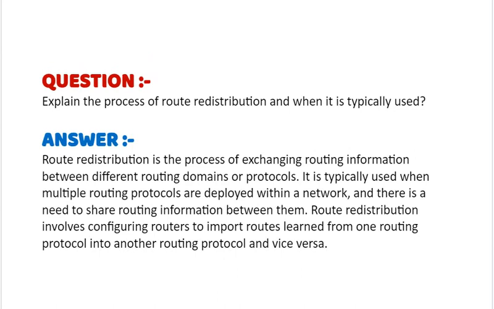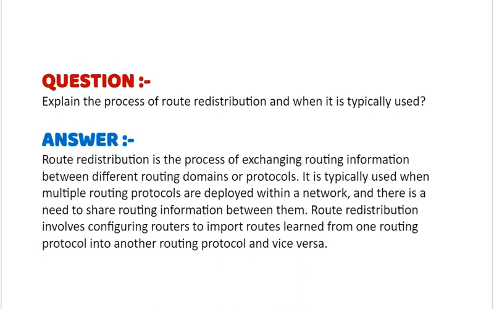Our next interview question is: explain the process of route redistribution and when it is typically used. Your answer should be: route redistribution is the process of exchanging routing information between different routing domains or protocols.